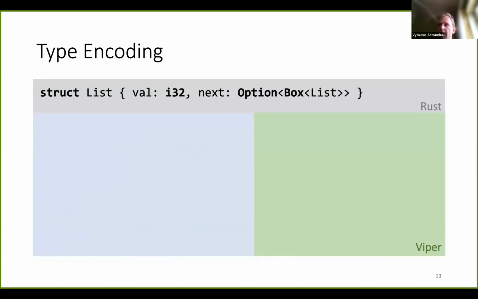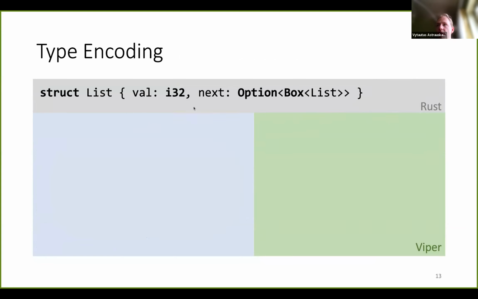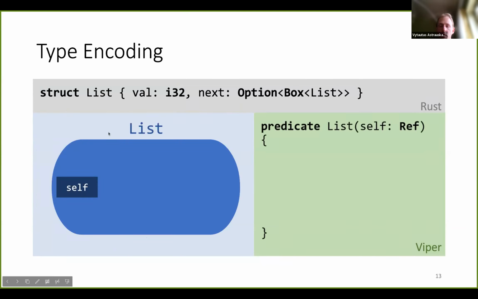To get a bit deeper into how this type encoding works, here we have a list defined in Rust. This blue blob represents the memory captured by this list, and on the right we have the definition in Viper.